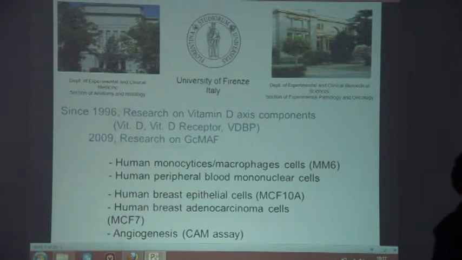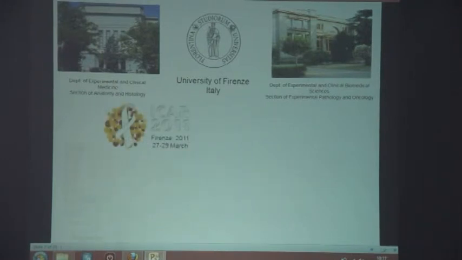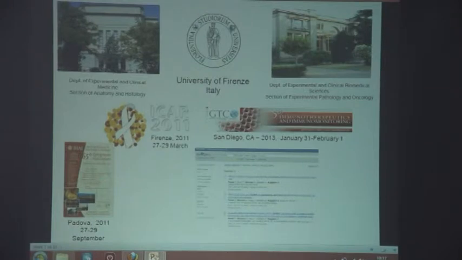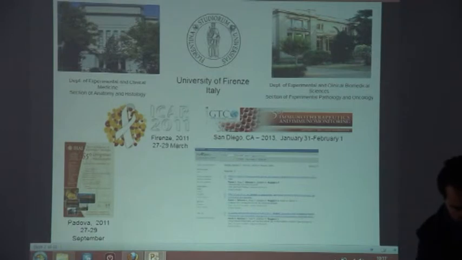And in these last four years, we have made some important presentations at national and international congresses, and three papers published in important scientific journals that you can find on the National Cancer Library.